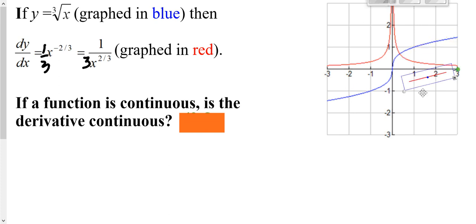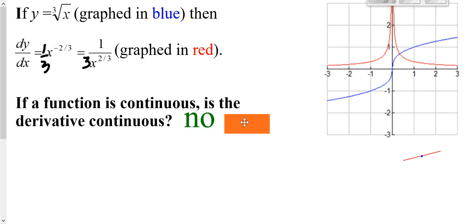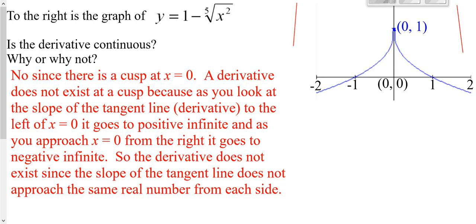But the main thing here is that our original function is continuous. But our derivative is not, because right here we have a vertical asymptote because we had a vertical tangent right here. So our original function was continuous, but our derivative was not continuous. So keep that in mind.